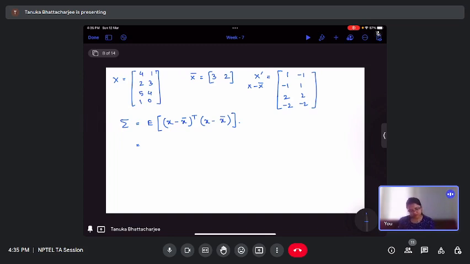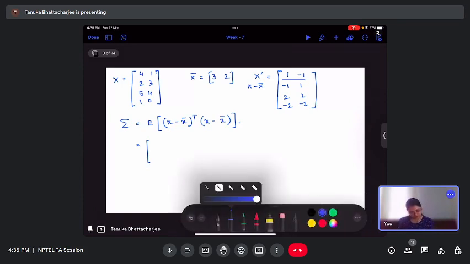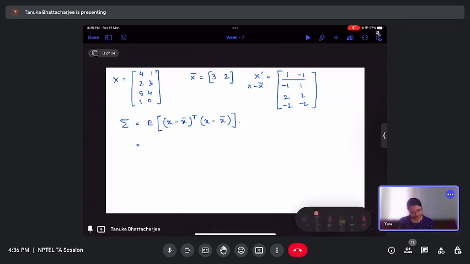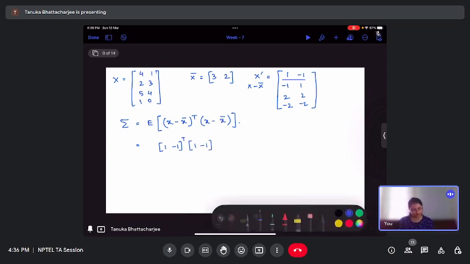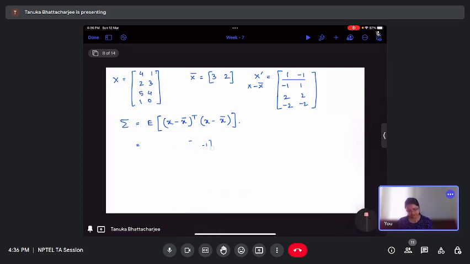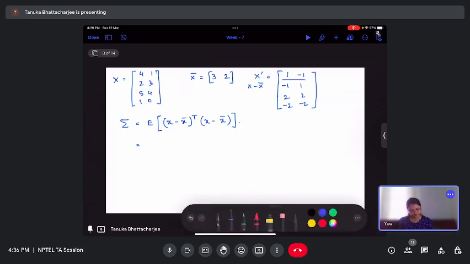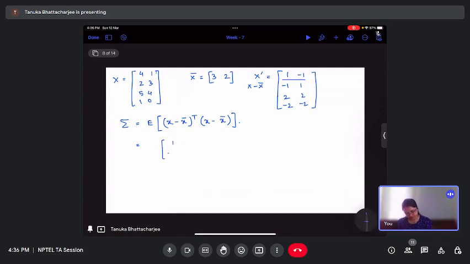let's take this example. For the first sample point, you have 1 minus 1 transpose 1 minus 1. This is the value from the first sample.